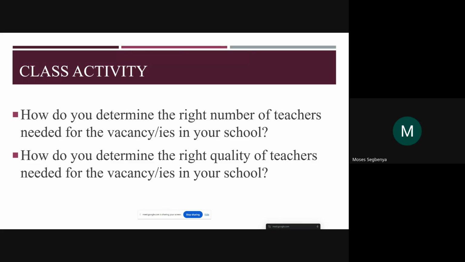Yes. So in all this, we are saying that when we are dealing with HR planning, we are basically determining the number of teachers and the caliber or the qualities of teachers we need in the future, because it's planning. So it's all about the future.